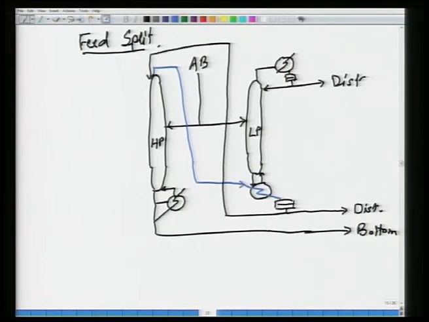So, you can see that this unit over here is a reboiler for the low pressure column, and it acts as the condenser for the high pressure column.